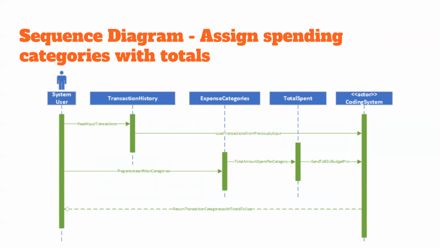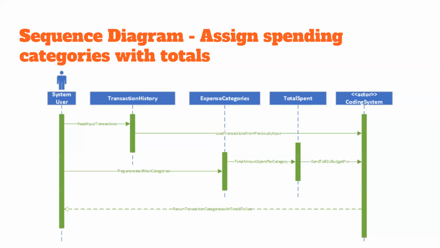And then the sequence diagram for assigning the spending categories with their totals, we would read the input transactions that we've got in the system. It would show that transaction history, allowing you to load, well, it would load those transactions from the previous inputs. It would pre-generate those four main categories that we had before.